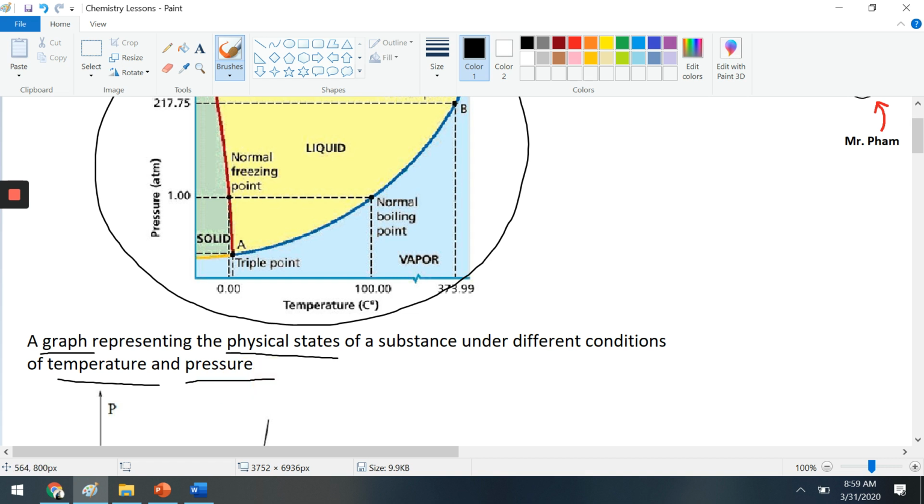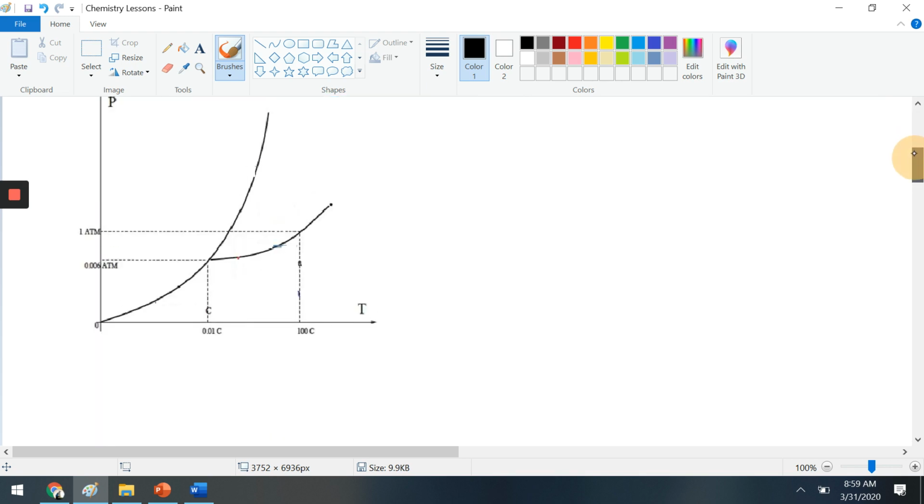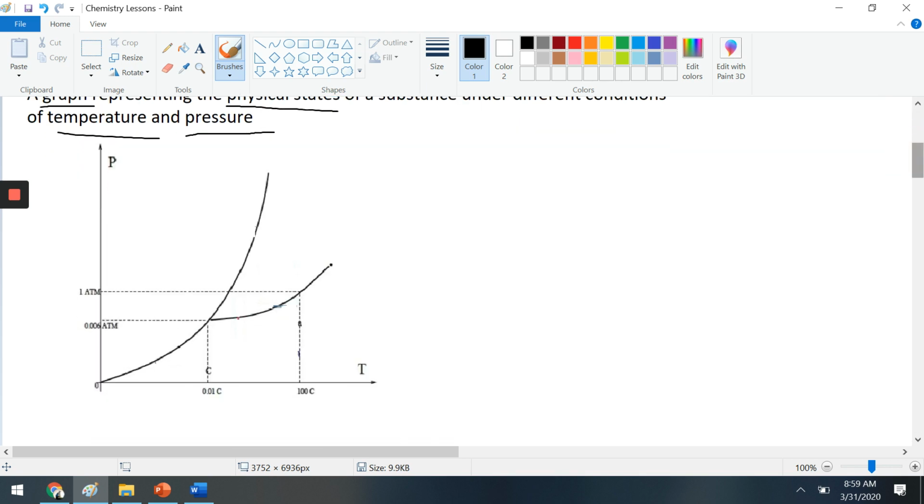So how do you read a phase diagram? Let me scroll down to the bottom for you over here. Why don't we start by going over the y and x-axis and understand what they represent. So the x-axis is your temperature right over here. For the temperature, it's read in degrees Celsius.